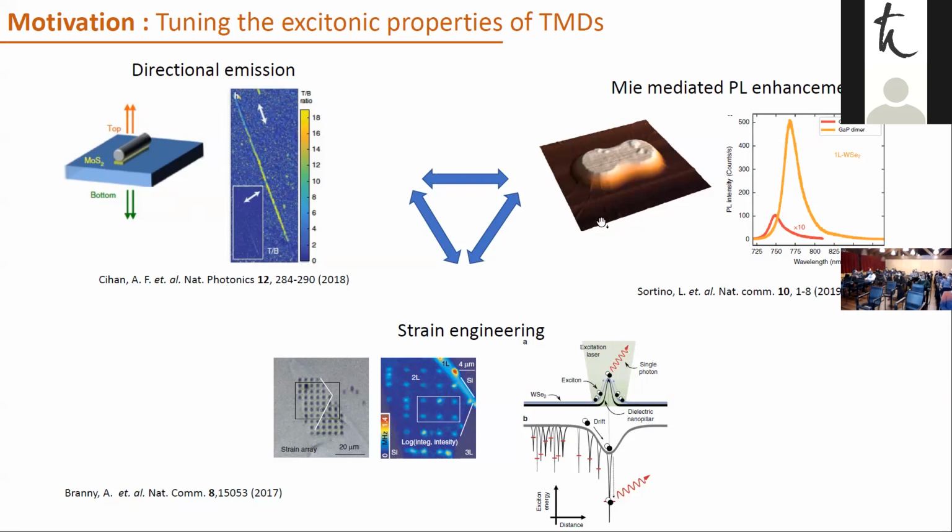You can also have Mie-enhanced photoluminescence of your layer, in this case, for example, a gap dimer, which enhances by 50 times the amplitude of the photoluminescence in WSe2.